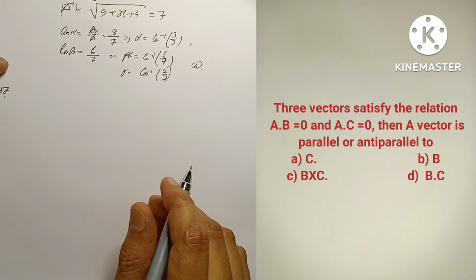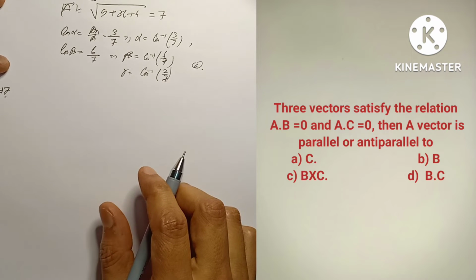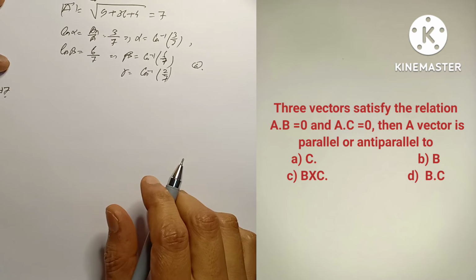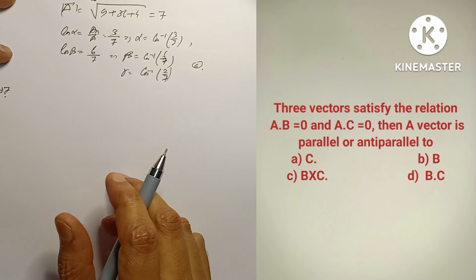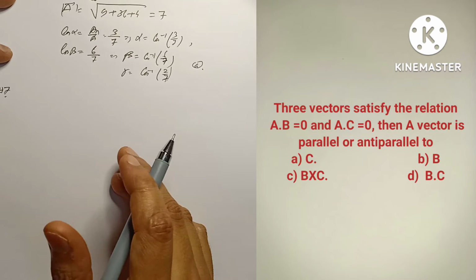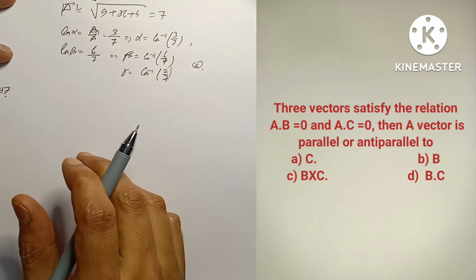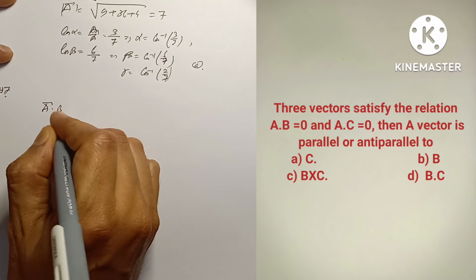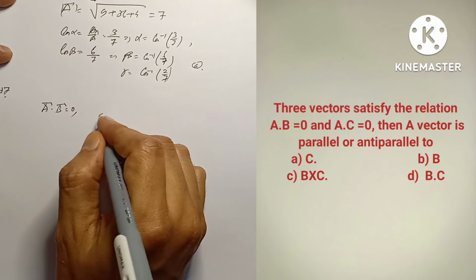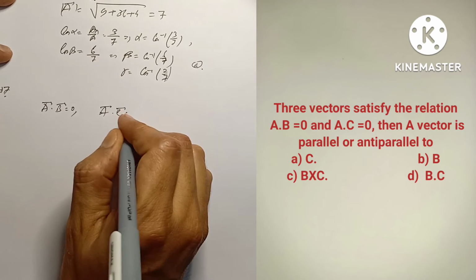Now in the next problem, the three vectors satisfy the relation a dot b equal to 0 and a dot c equal to 0, then a is parallel or antiparallel to these four options. So first of all, it is given a vector dot b vector equal to 0 and a vector dot c vector equal to 0.